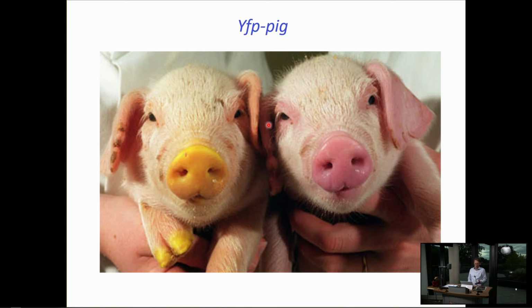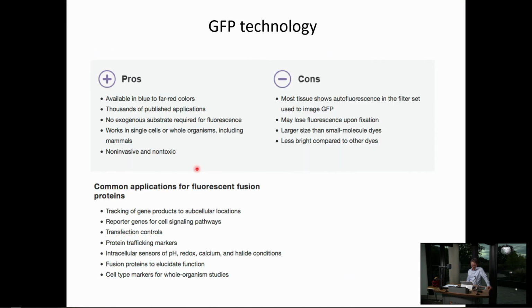So whilst this doesn't look particularly useful, I mean, crazily this was used for making pets in certain countries, you can use this, of course, for really important research questions in living cells. And I'll show you a few examples like that in later lectures.